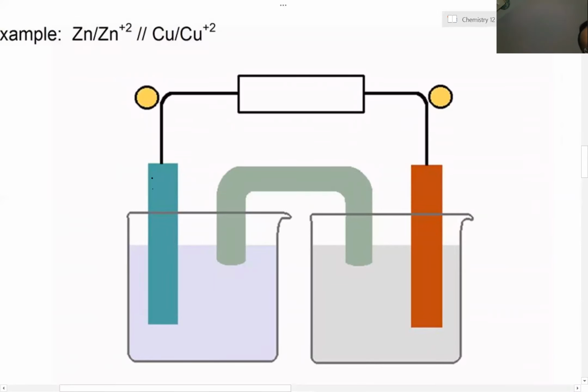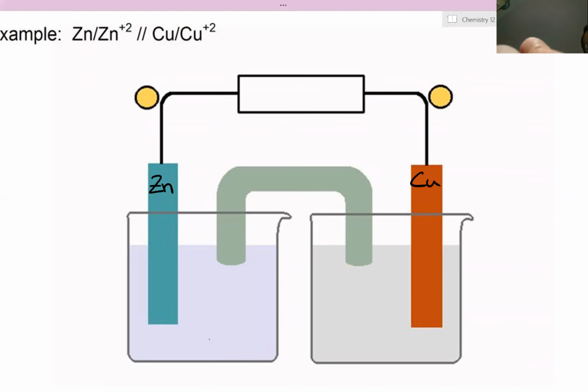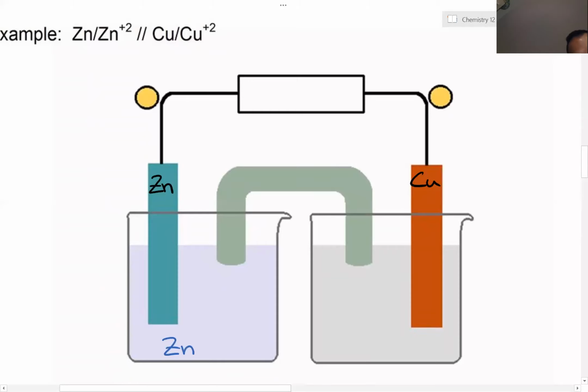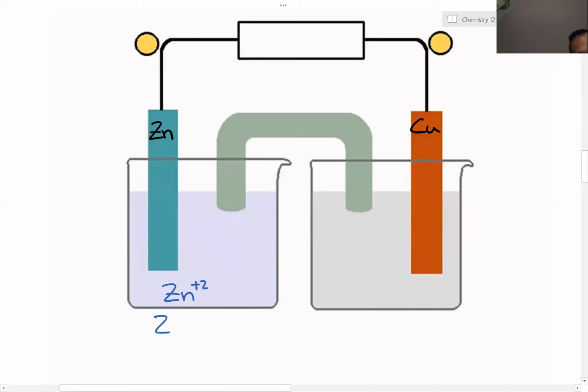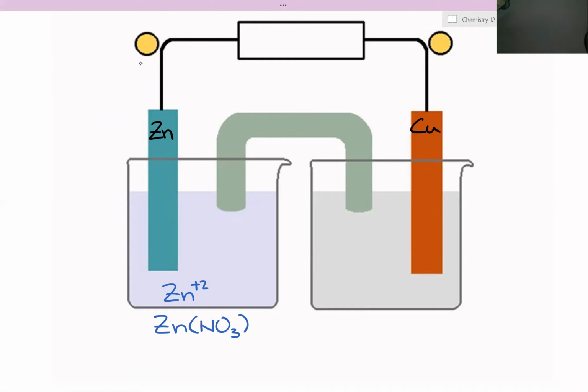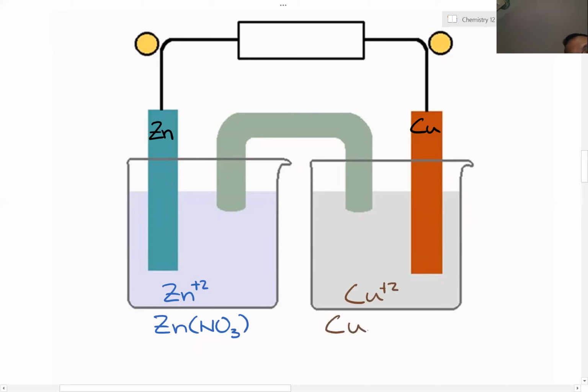So this will be my zinc, and this will be my copper. Here, I'll put that in blue. So this will be my zinc ion solution, and I would use something like maybe zinc nitrate. Here would be copper 2 plus ions, and my solution, I'll say copper 2 sulfate.